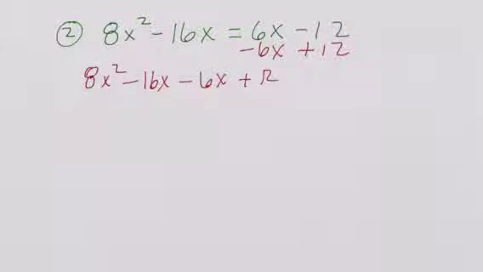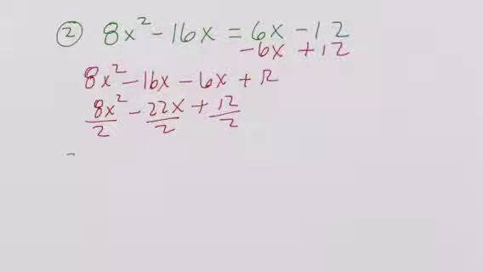We're going to combine like terms. 8x squared minus 22x plus 12. Now we're going to take out the common factor. 2 is the common factor. So that's going to leave us with 4x squared minus 11x plus 6.